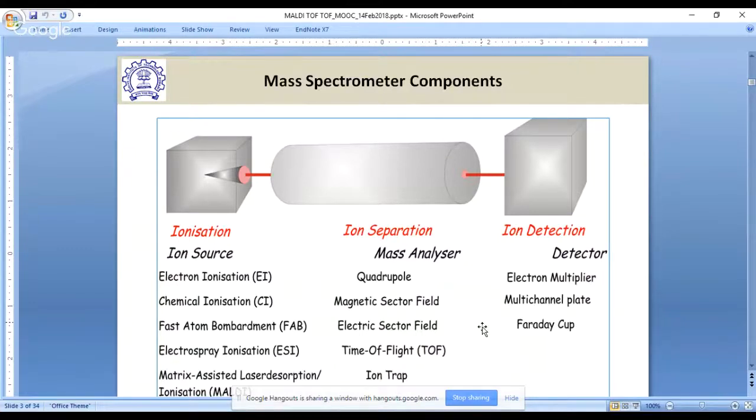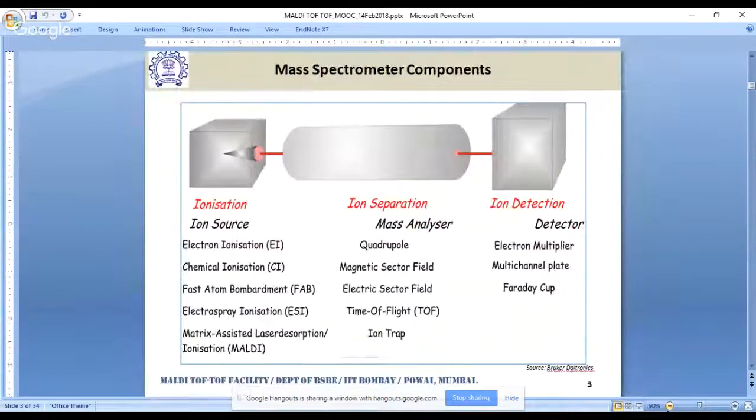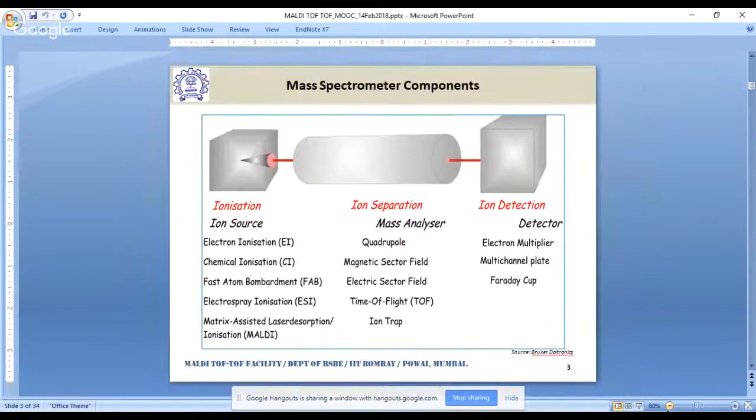The ionization source in case of biological samples could be either electrospray ionization or a nitrogen laser, which is used in the matrix assisted laser desorption ionization method. The mass analyzer in biological sample analysis is usually either a quadrupole, time of flight, or ion trap. The sensitivity of the instrument is really determined by this part of the mass spectrometer, that is the mass analyzer.